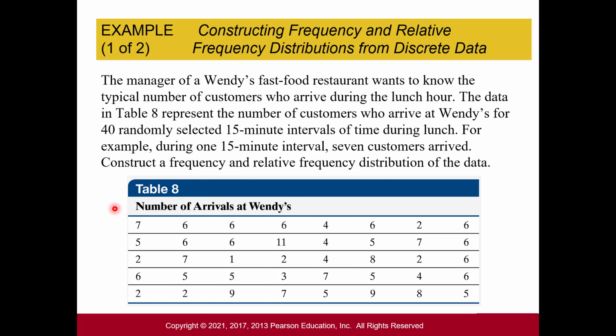Basically, over 40 different days or 15-minute time periods during the lunch hour, the manager observed how many people went to the restaurant. Notice, for example, in one 15-minute observation, 7 people arrived. In another 15-minute observation, only 1 person arrived, and so on. So there are 40 different observations in our table down here.